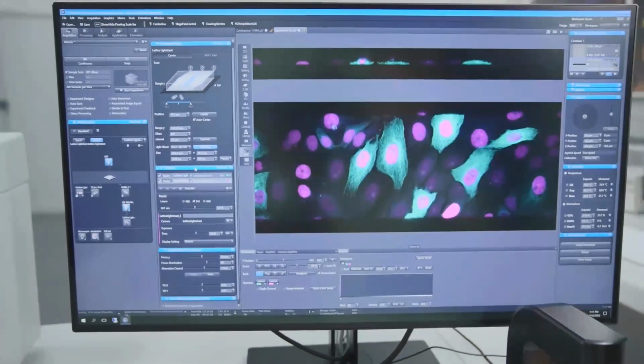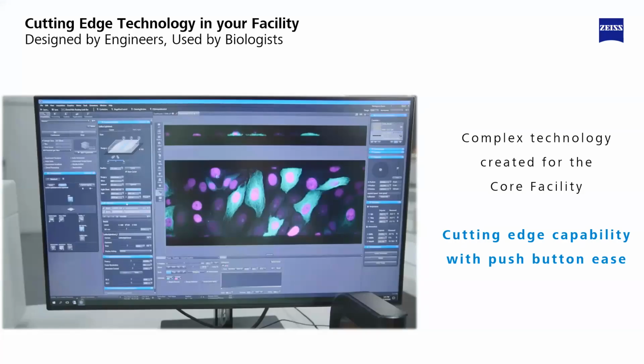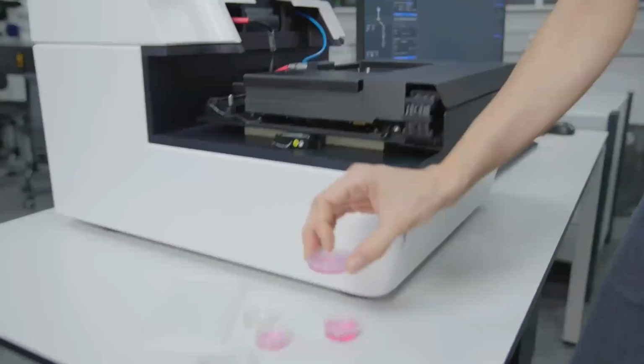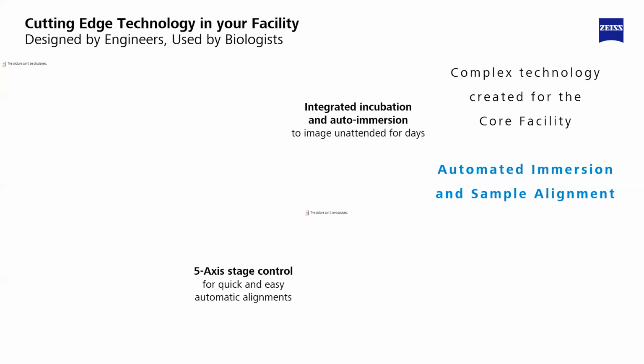The simplicity of this workflow means that even inexperienced users will be confident using this microscope and really minimizes the amount of time required for training and maintenance and maximizes the time that your scientists can actually acquire meaningful data on the system.